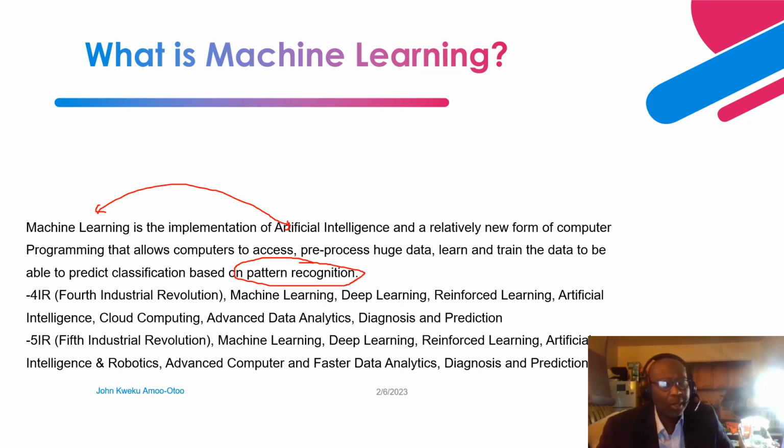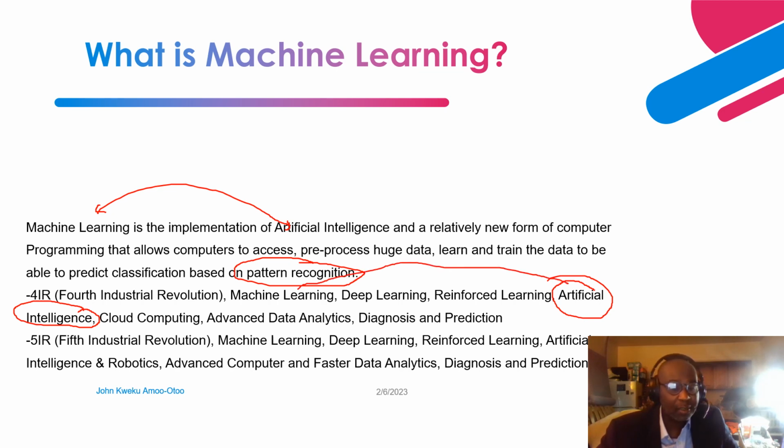So now let's talk about what is happening in the fourth industrial revolution era. As you know, we are currently in the fourth industrial revolution era. As part of it, we already have artificial intelligence that has been hovering around for more than a decade. Out of artificial intelligence, machine learning just evolved. Deep learning evolved.